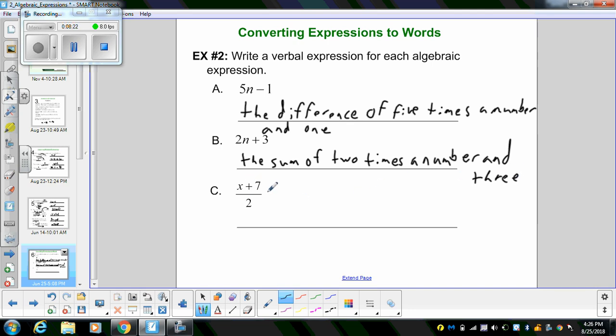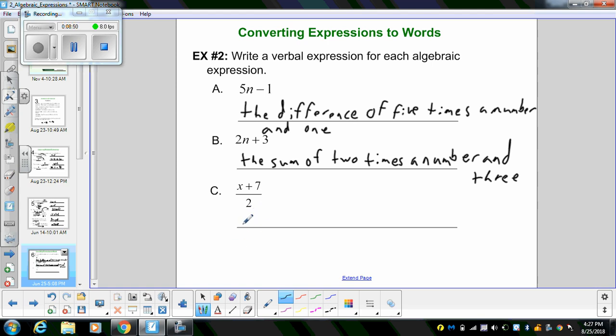Alrighty, so this one's kind of a tricky one, but this deals with quotient. Well, this is being divided by 2, which is almost like taking the half of something.